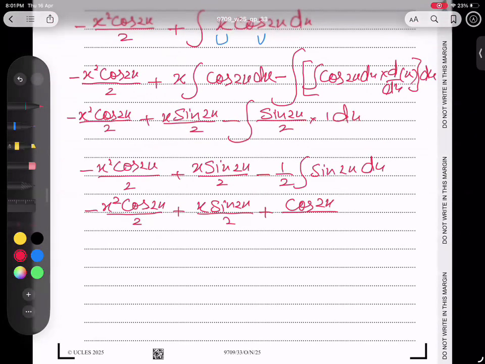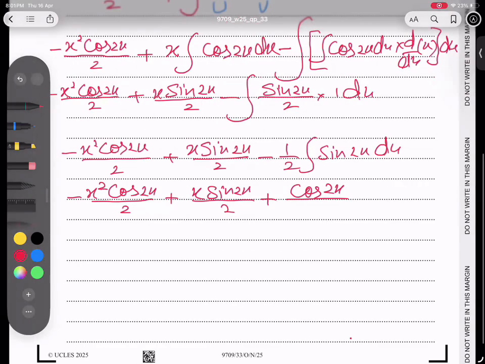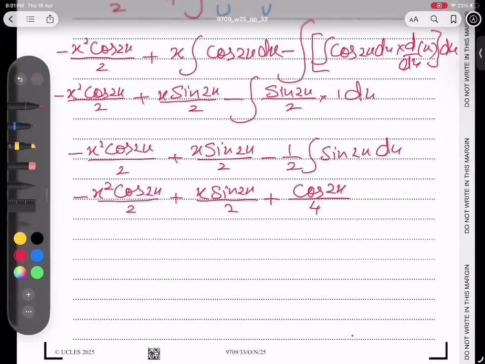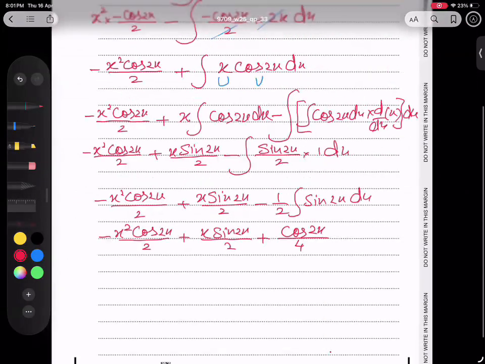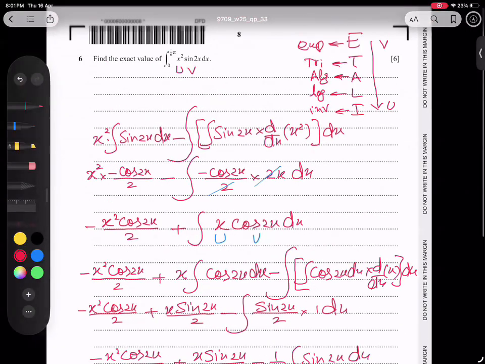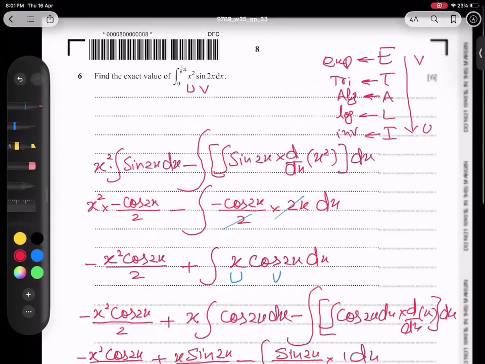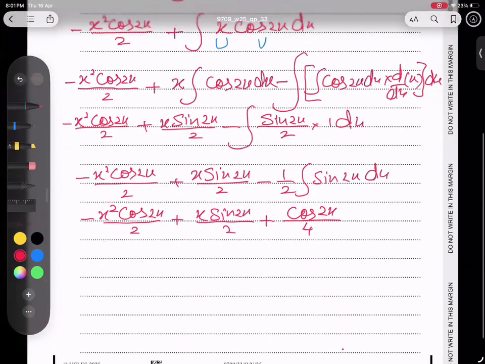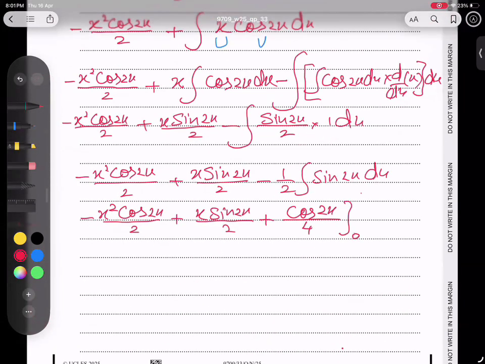I'm just taking extra care, that is why. So this 2 becomes 4. What limits do we have, students? 0 to pi by 6. Let me check once again: 0 to pi by 6.